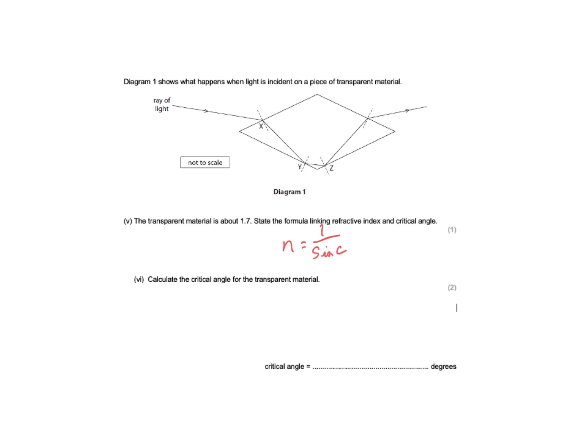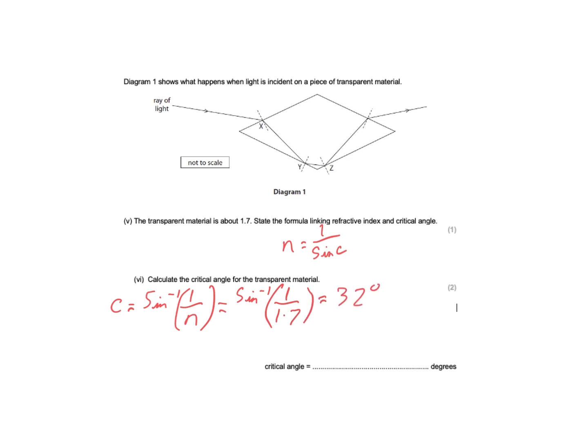Calculate the critical angle for the transparent material. Well, we can rearrange this to be C equals sine inverse 1 over n, which is equal to sine inverse 1 over 1.7, and this gives us an angle of 32 degrees.